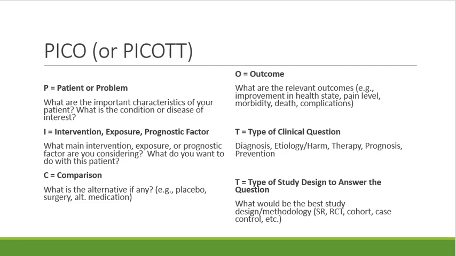So what is the main intervention, exposure, or prognostic factor that you're considering? What do you want to do with this patient? So, for example, in P, you might have a patient with a particular medical diagnosis, and you're curious about a new intervention, a new drug, or a new surgical procedure.